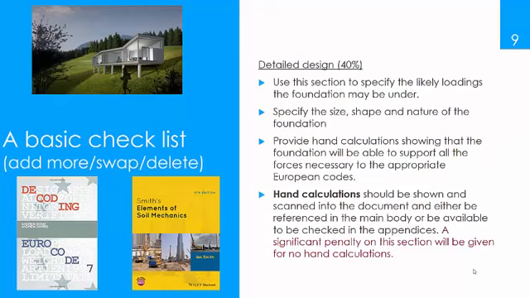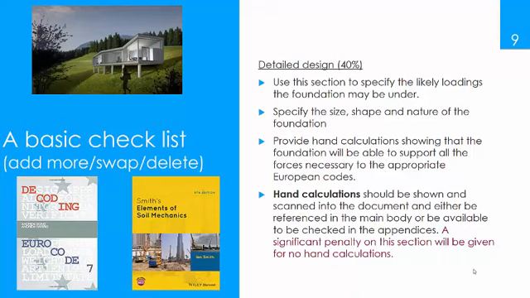The detailed design brings 40%. So you need to specify all likely loadings the foundation might be under. You need to specify the size, shape, and the nature of the foundation, everything in detail.